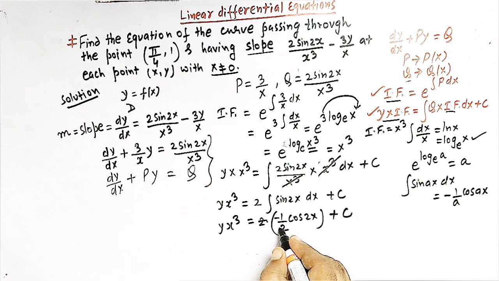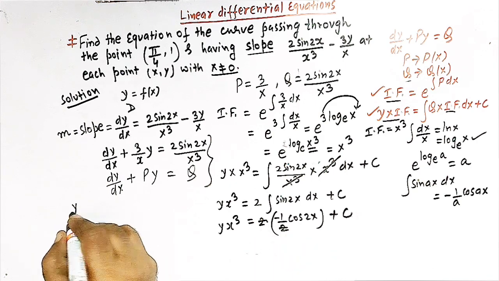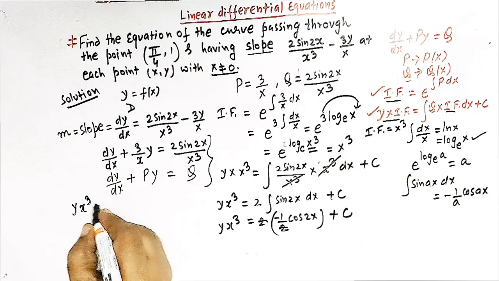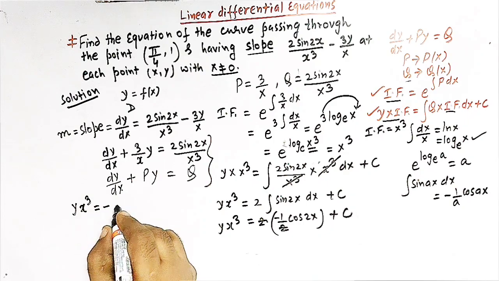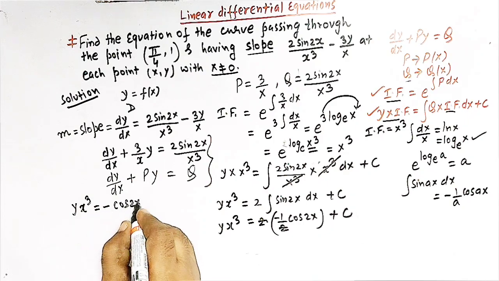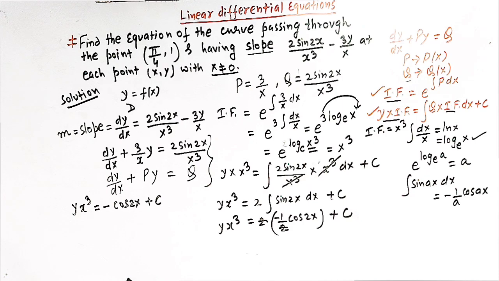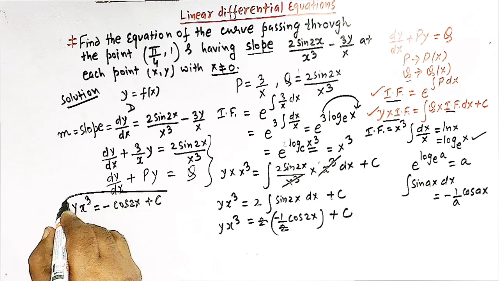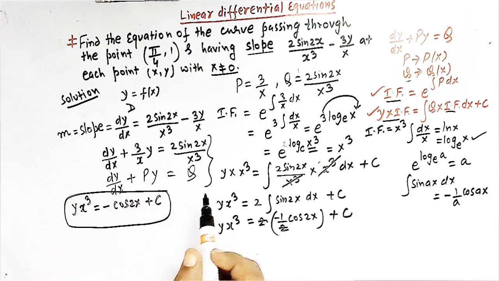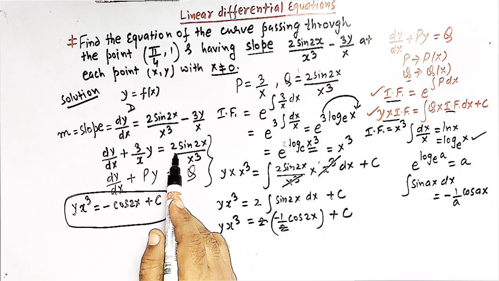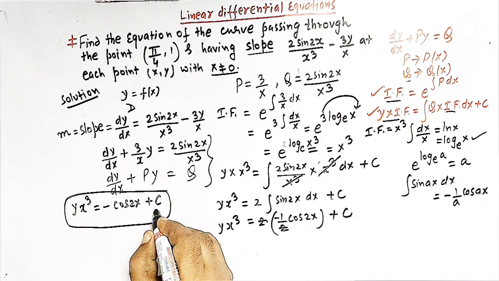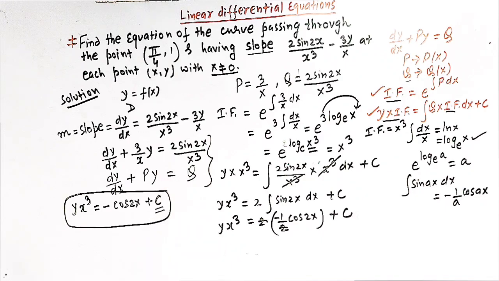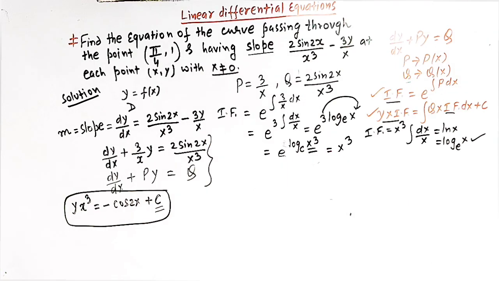Now this 2 and this 2 get cancelled, so we are left with y x cubed equals minus cos 2x plus c, right? So this is the general solution of this linear differential equation involving the constant of integration c.